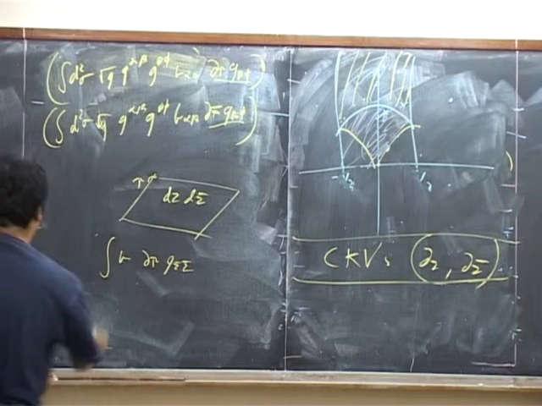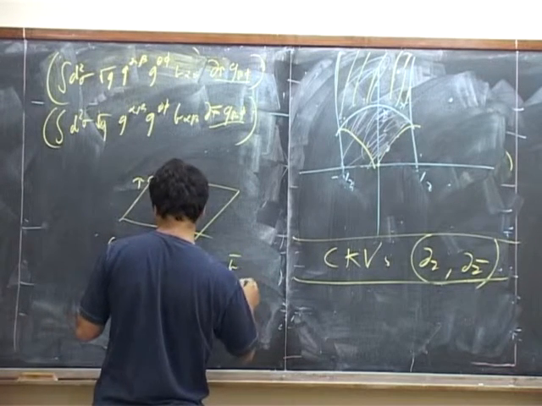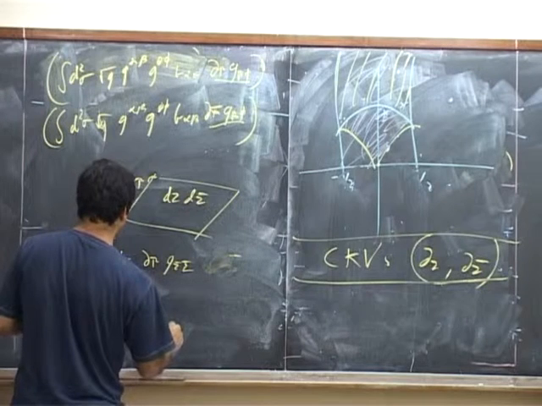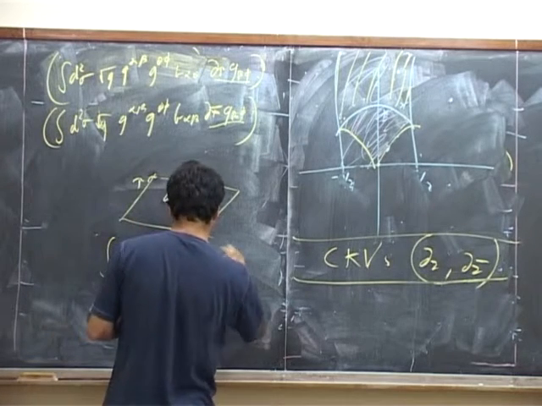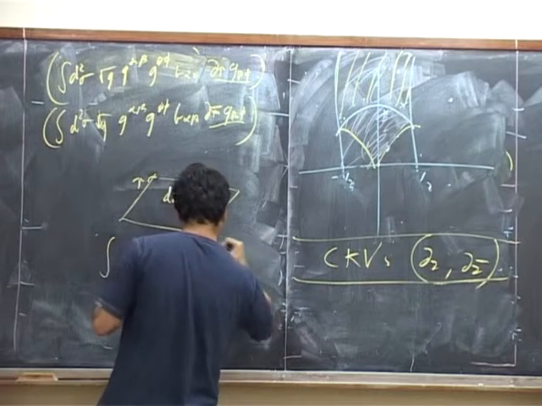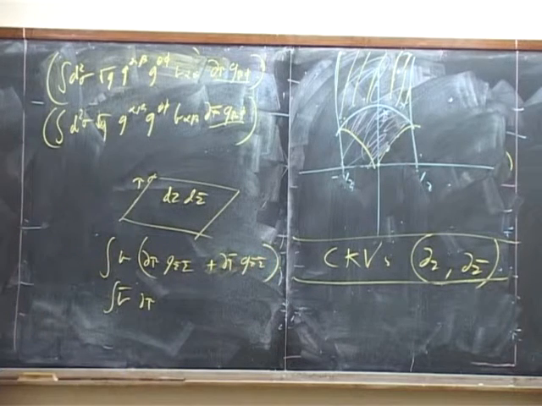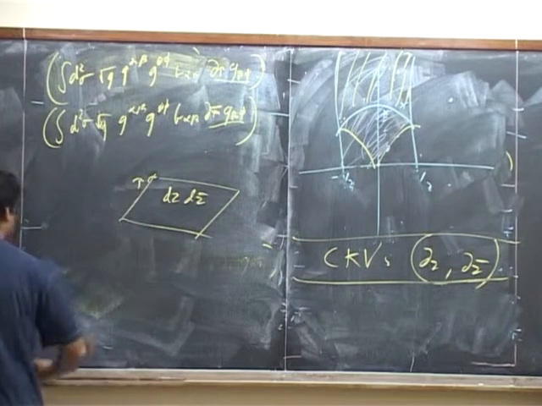And then you have plus the integral of B bar times del tau bar. So the first insertion was what?